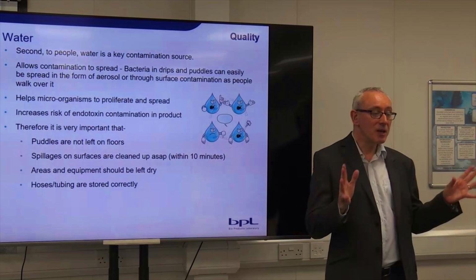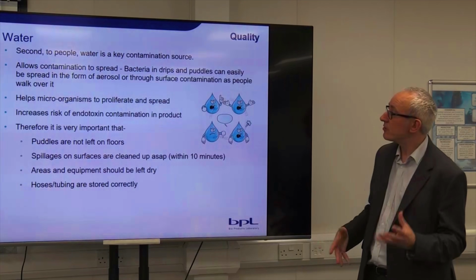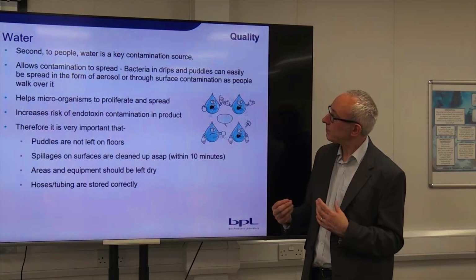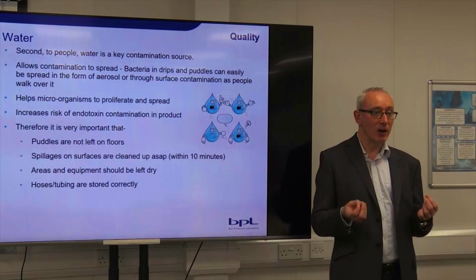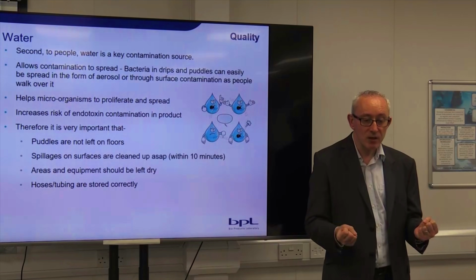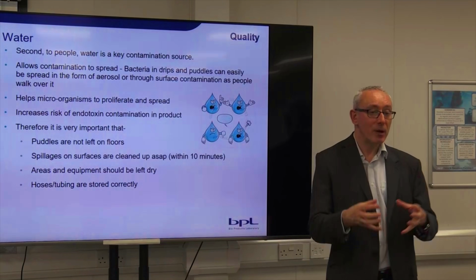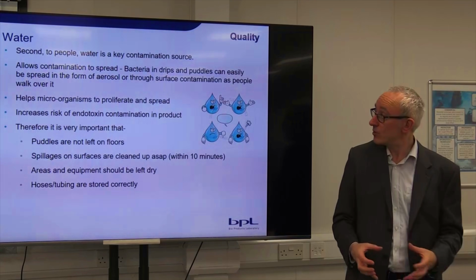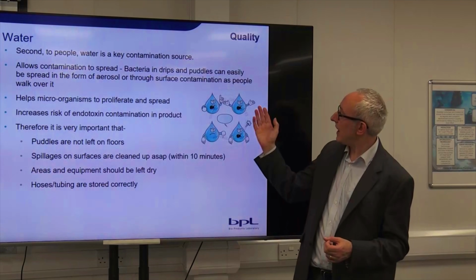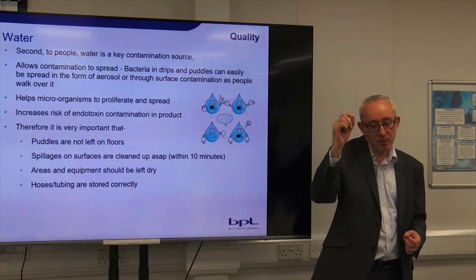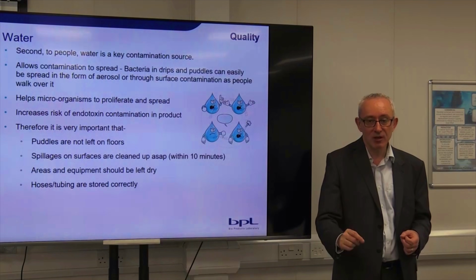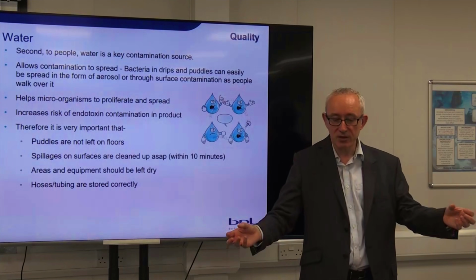Okay, so as well as people, there are issues with water. Water is not only a growth source for microorganisms, because microorganisms need water, so there's a whole population who will gravitate towards water, but it also allows contamination to spread. The dripping of a tap will produce aerosols that can spread over a reasonable distance.